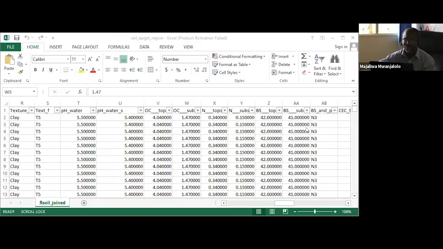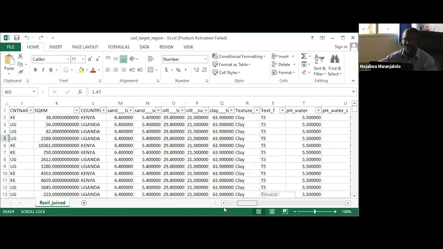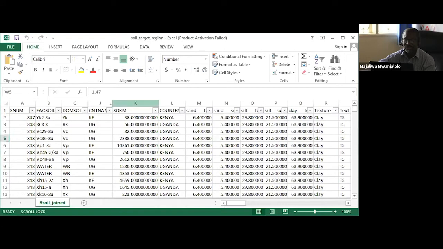Soil Target Region. So I want to get to that data set. So this soil target region has, let me remove the filter.